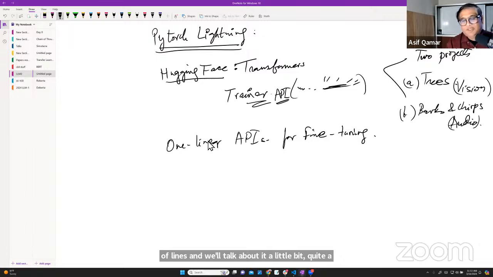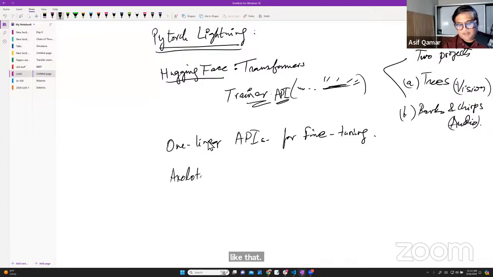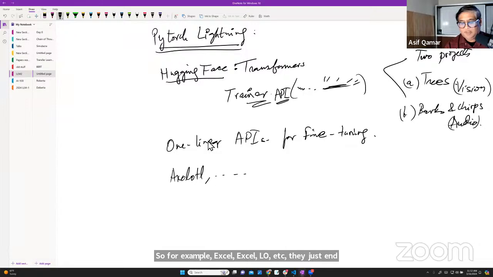And then the fourth level of simplification is, forget about even writing code. There are scripts and things like that. For example, Axolotl, etc. They reduce it down to just scripts: feed in the parameters, run it.